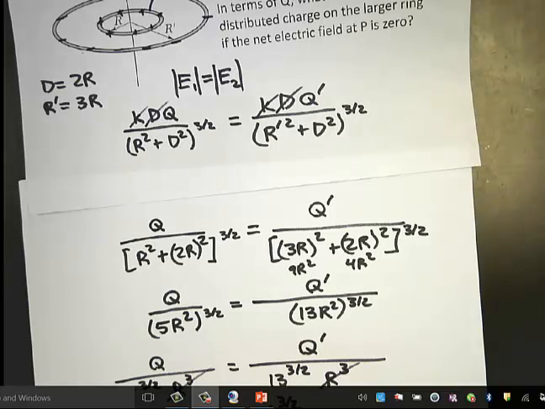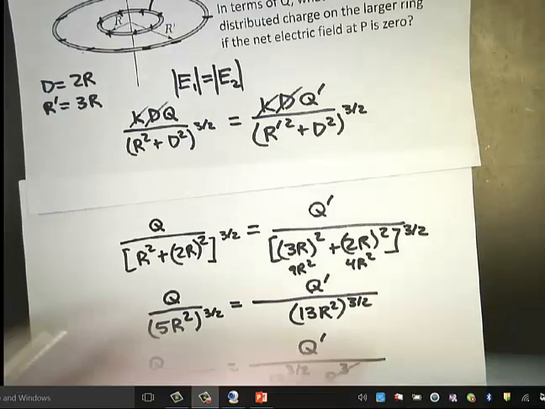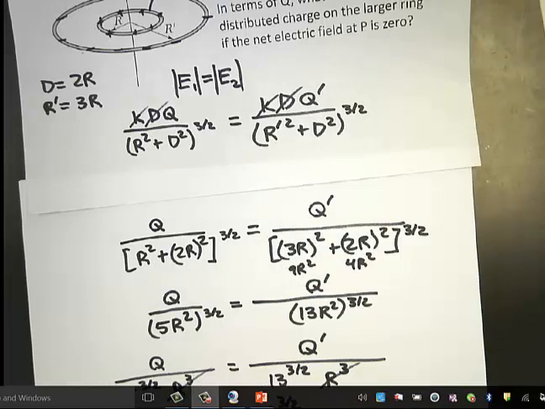Since we set it up with absolute values, we have to remember that the large ring had a negative charge. If we punch that out, we would get something like negative 4.19 Q.